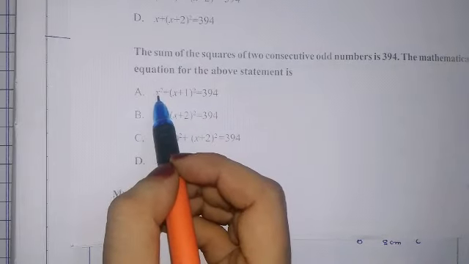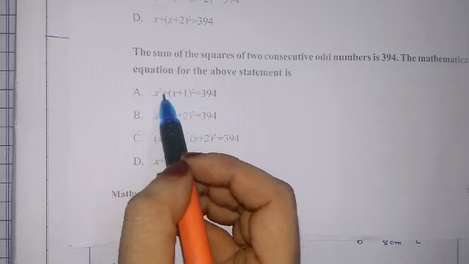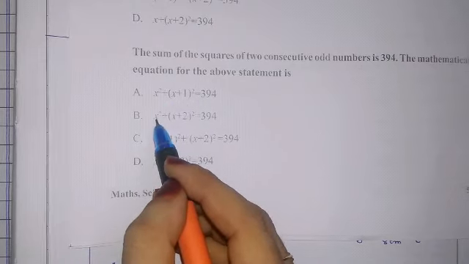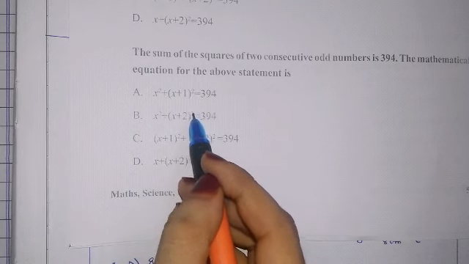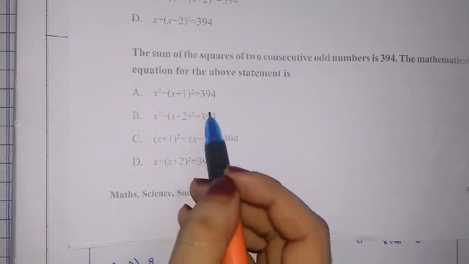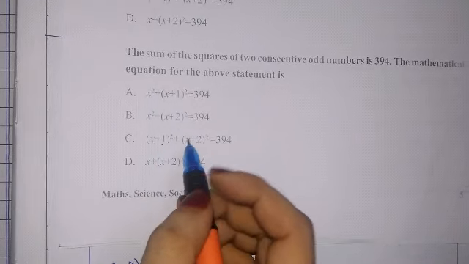Here they have given x square plus (x plus 1) square, but it cannot be, because they have told odd numbers. So the first one cannot be. The second one, x square plus (x plus 2) whole square equals 394, is the correct option. B is the correct option. C cannot be, x plus 1, x plus 2, it cannot be.